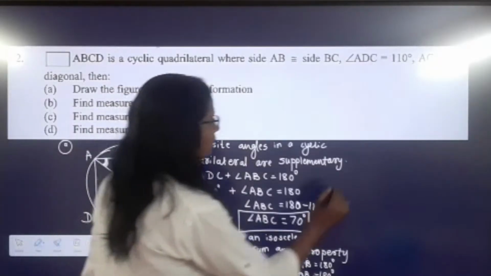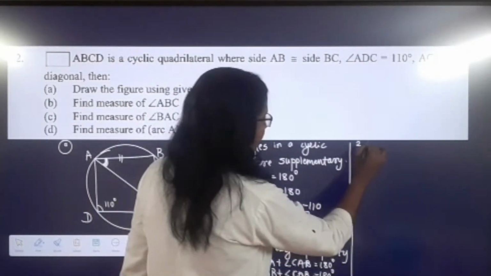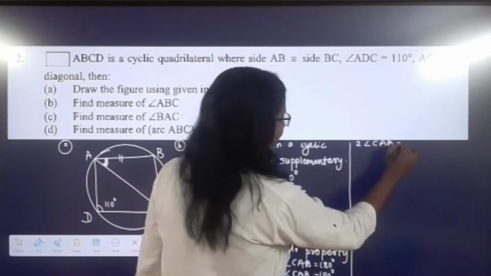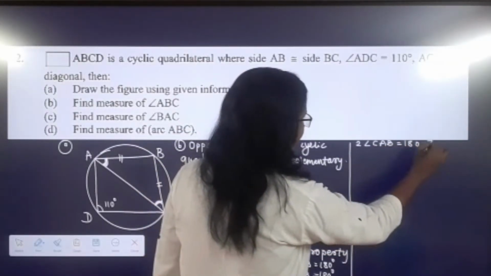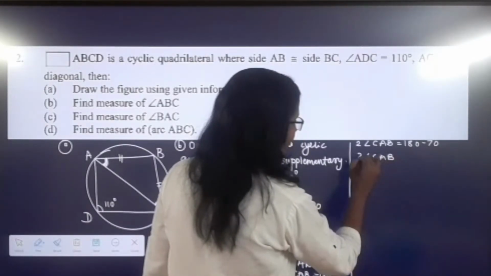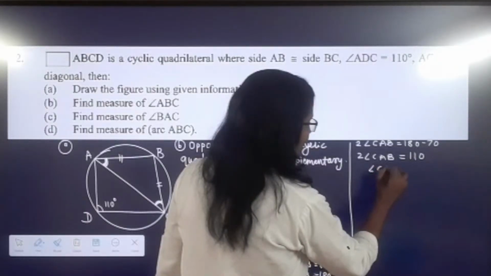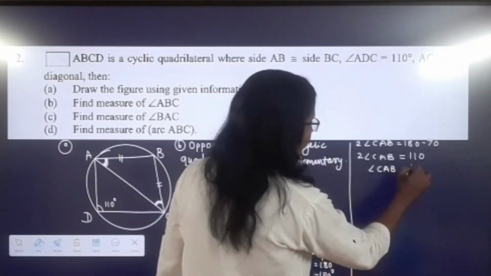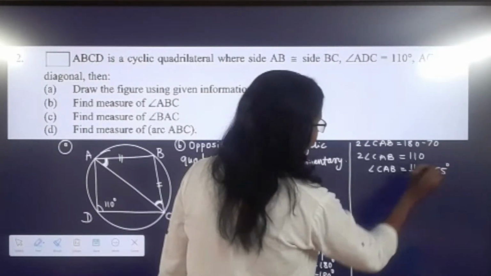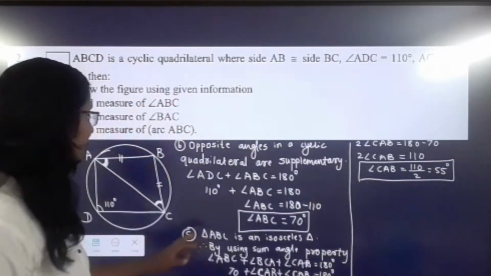So now 2 angle CAB is equal to 180 minus 70, so 2 angle CAB is equal to 110. So angle CAB is equal to 110 upon 2, that is 55 degrees. Okay students, 55 degrees. Then the C part is over.